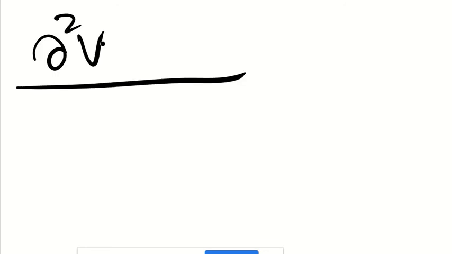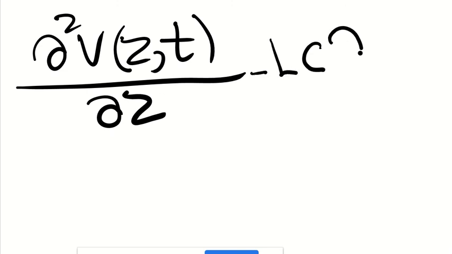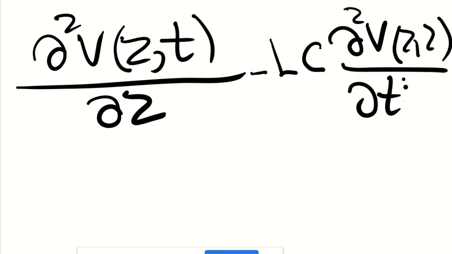So this is the second derivative of voltage, the voltage signal going through Z, over Z, minus LC, the second derivative of voltage over time. You see, you have the voltage signal going through the wire, and you have LC here in your equation.